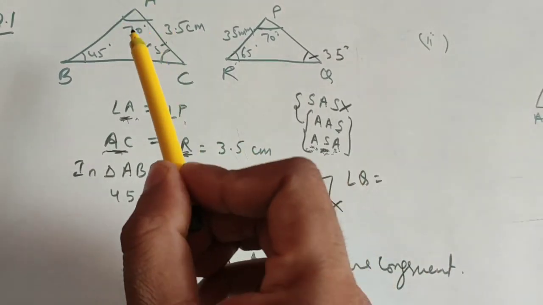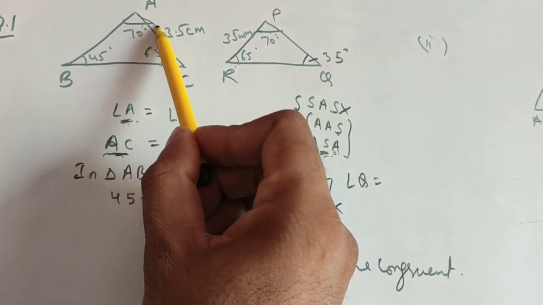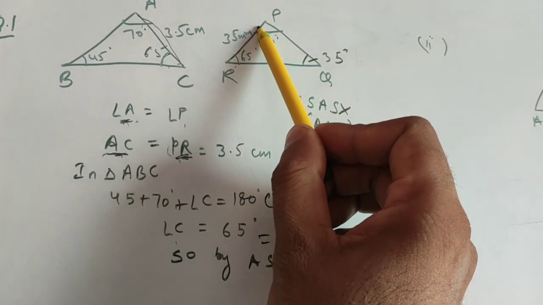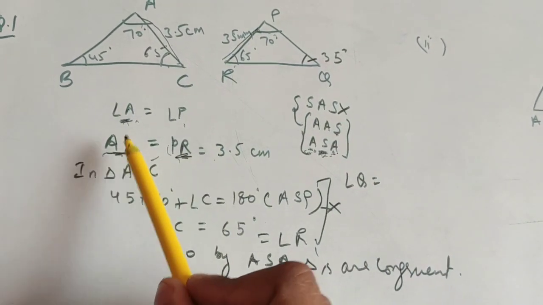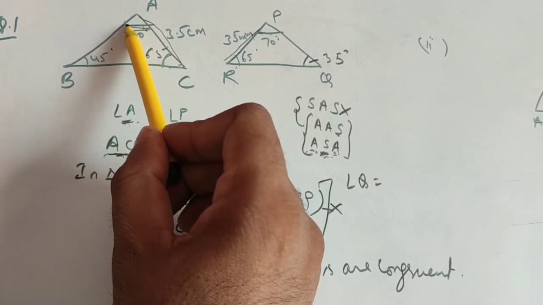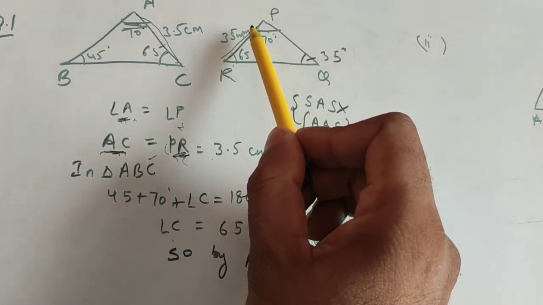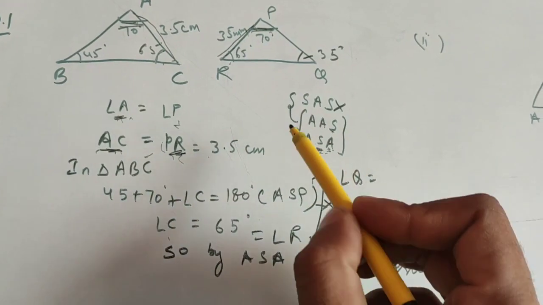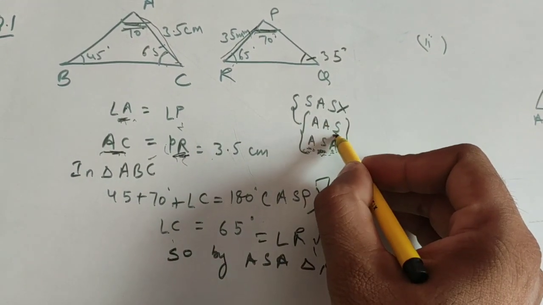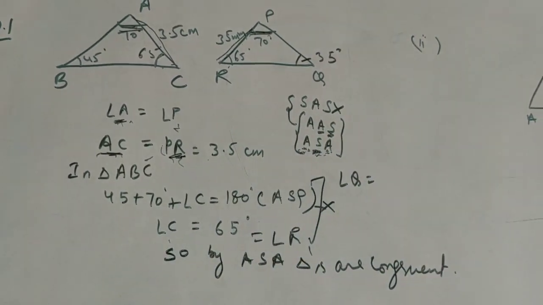Now listen, there is a side AC and a side PR which are equal. There is an angle on A and another on P which are equal, according to the new condition. So there is a side on which one angle is equal.